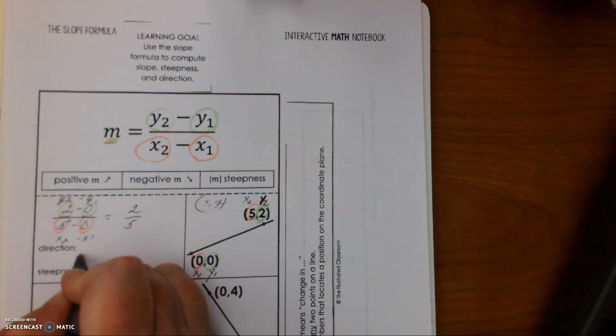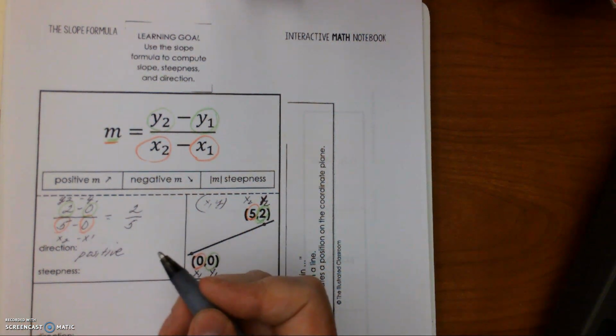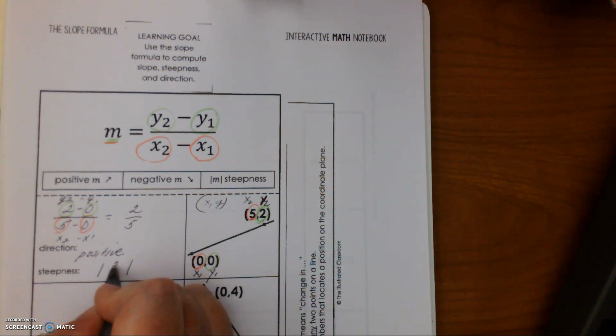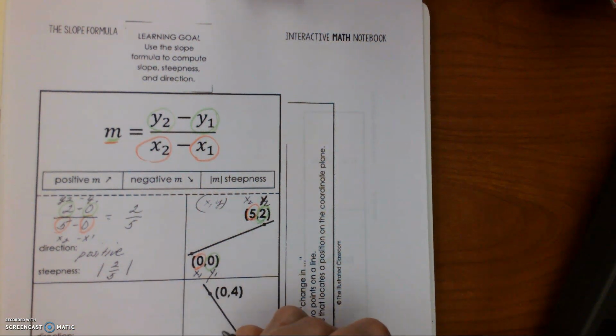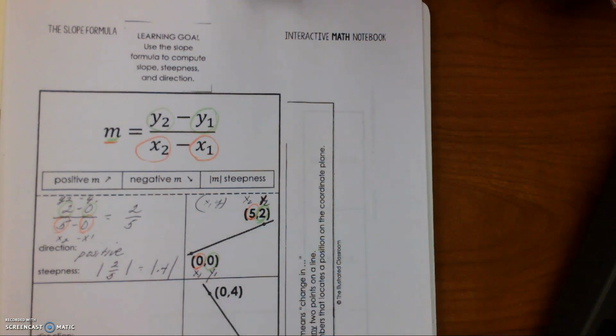There's no negatives here, so the direction is positive. And the steepness, and remember it's positive, but even if there was a negative here, it would be 2 over 5, absolute value. Or if you divided 2 by 5, if you want to put it in decimal, it would be 0.4.